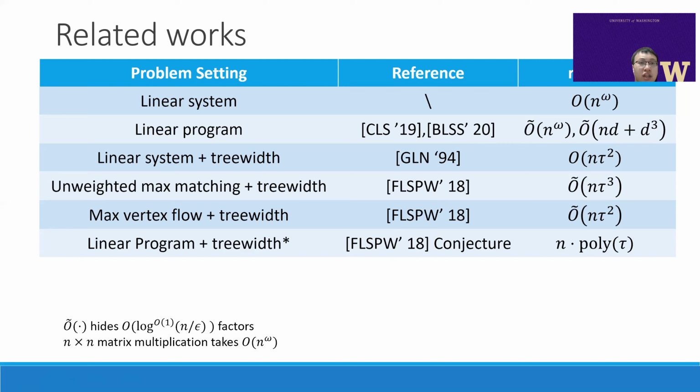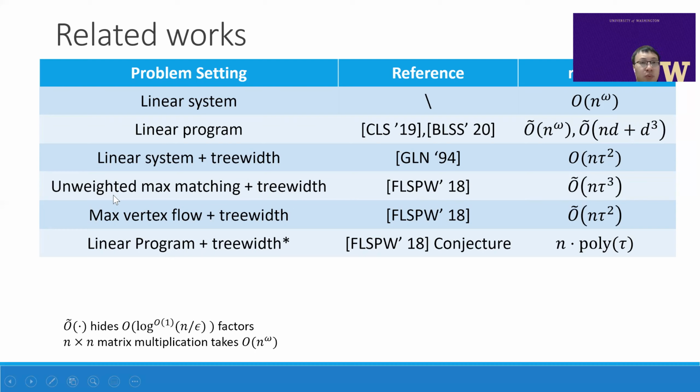And for the results related to treewidth, in the early 90s, Alan George, Joseph Liu, and Esmond Ng showed that they can solve linear systems in time n tau square. And recently, Fomin et al. showed that a series of problems can be solved in near linear time if the treewidth is small.